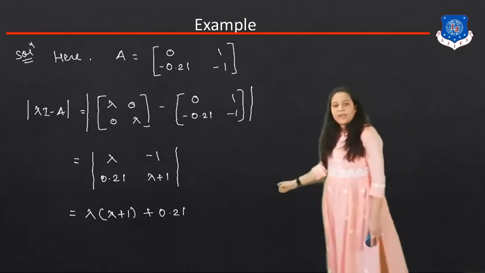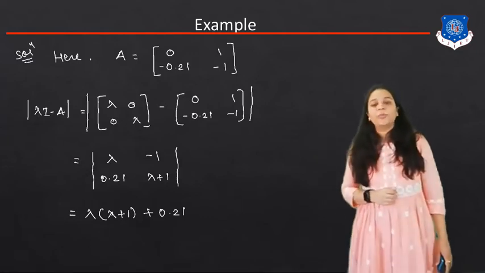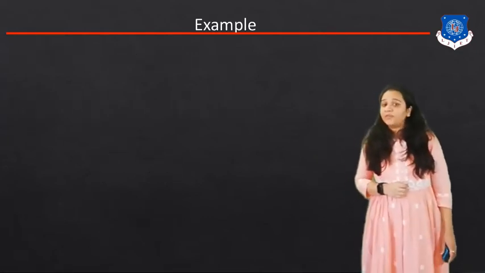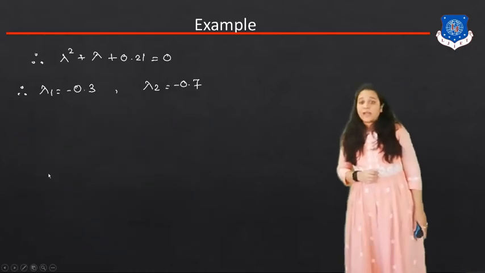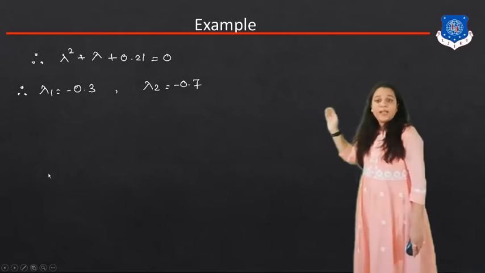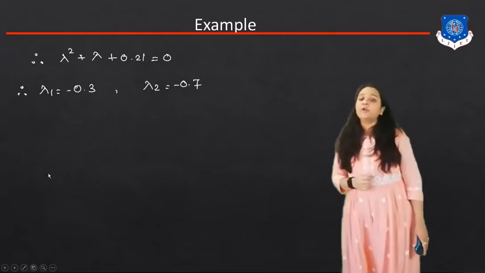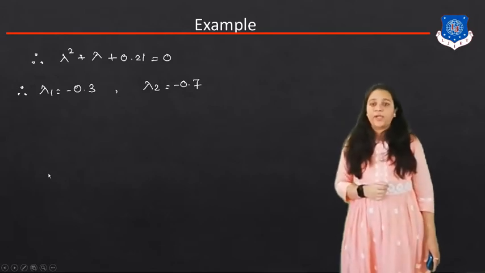So we get lambda times (lambda plus 1) plus 0.21. Simplifying this equation, we get the two roots lambda 1 and lambda 2: lambda 1 is equal to minus 0.3 and lambda 2 is equal to minus 0.7.